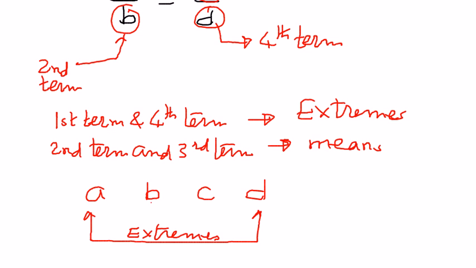And if you look at B and C, these are the means to get to these extremes. If we want to get to A, we need to pass through B. If we need to get to D, we need to pass through C. Therefore, B and C are called the means, and A and D are called the extremes. And therefore, sometimes the proportions rule is also called the means extremes property.